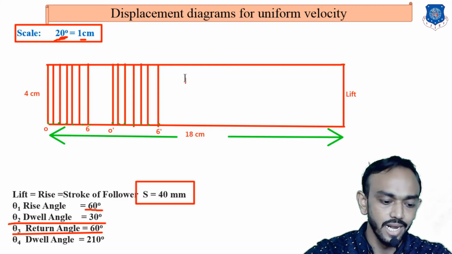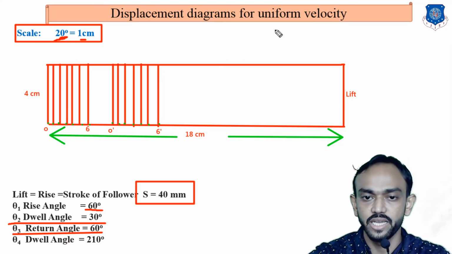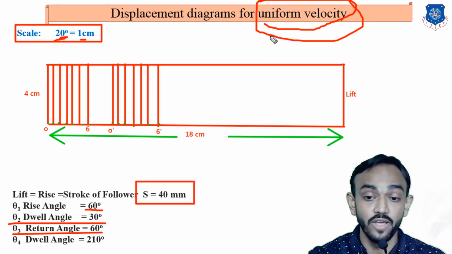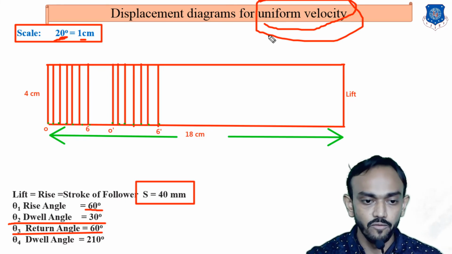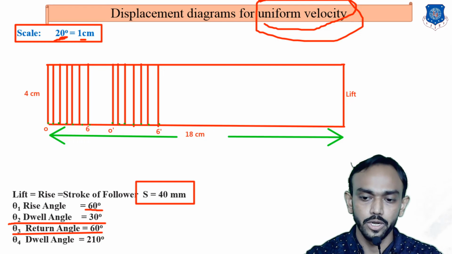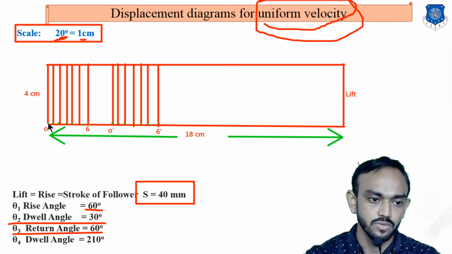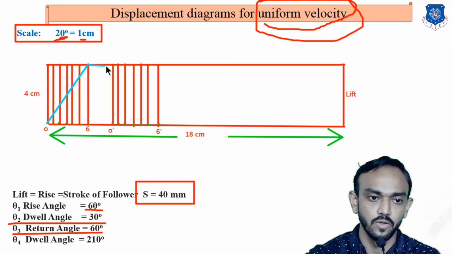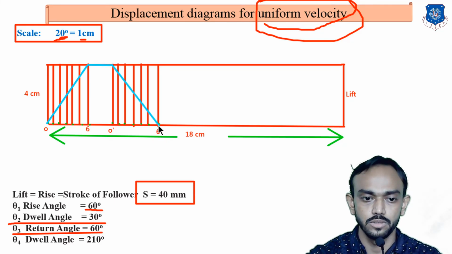After that, we are going to draw this displacement diagram according to uniform velocity. In uniform velocity, we have to make one line from 0 to this point, then the dwell, and after that this.